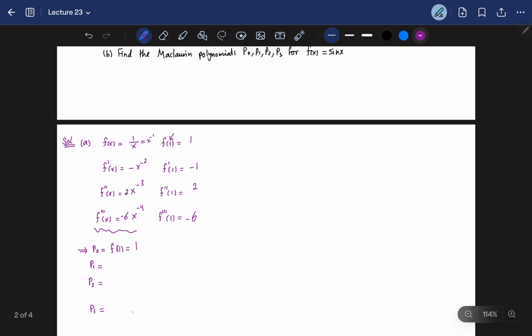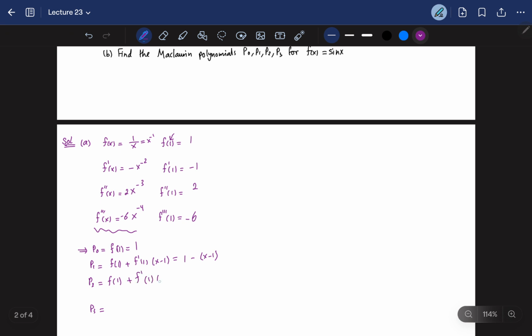So this is just 1. P of 1 is f of 1 plus f prime of 1 divided by 1 factorial, that's just 1, then times (x minus 1). So if you plug in the values, that's 1 minus (x minus 1). P of 2 is the same exact thing.